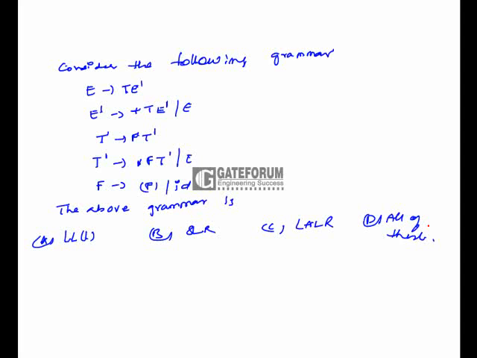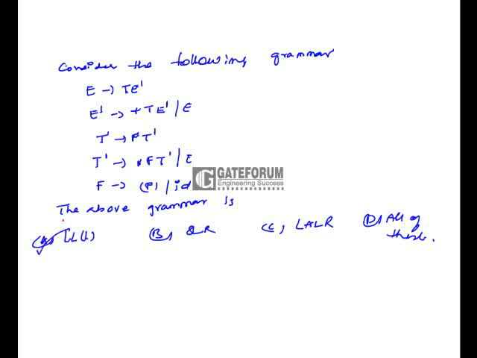A grammar is given and we have to identify the nature of the grammar. Here, if we construct the LL1 parsing table for this grammar, then there won't be any multiple entries. Whenever there are no multiple entries in the LL1 parsing table, we can say that the grammar is LL1.